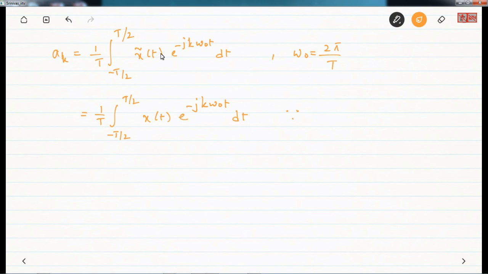Why is this possible? Because x tilde of t is equivalent to x of t over minus T by 2 to plus T by 2. This is because x tilde of t is equivalent to x of t over a single period from minus T by 2 to plus T by 2, right?